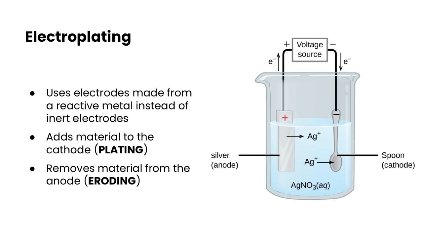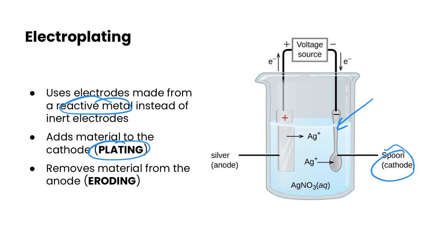Now, a really neat application of electrolysis or electrolytic cells is electroplating. And so what we do is we use electrodes made from a reactive metal rather than inert electrodes, and that's going to add material to the cathode, and that's called plating. So this example here, we've got a spoon at our cathode.